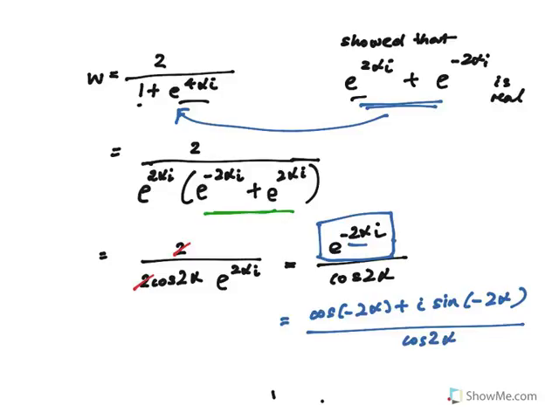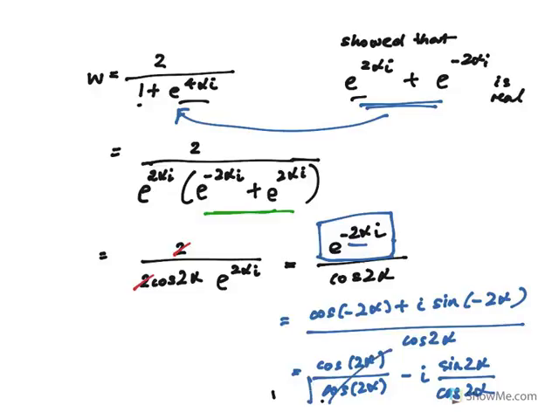With that, we know that cos negative 2 alpha is the same as cosine 2 alpha. So this is cos 2 alpha over cos 2 alpha, plus i sine negative 2 alpha, which is the same as negative i sine 2 alpha, over cos 2 alpha. You can see that this gives me 1, and sine over cosine gives me tangent 2 alpha.